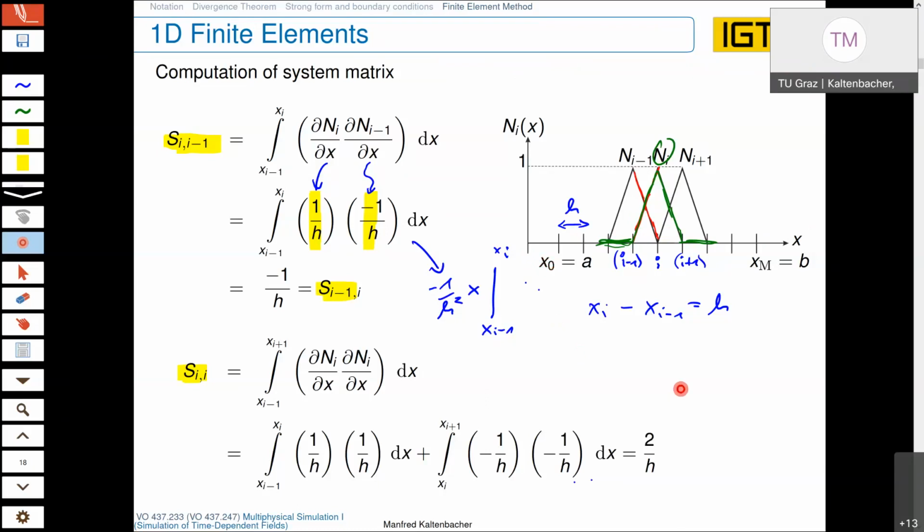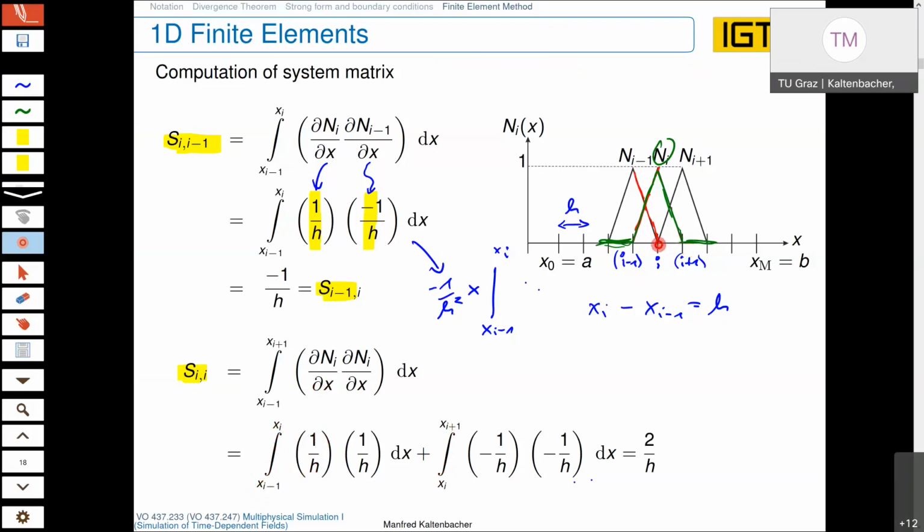So you see, that fits your question also, what we are doing here. What we actually do is we don't integrate from position x_{i-1} to position x_{i+1}, because we would have a problem with the differentiation. But I can subdivide the integral into x_{i-1} to x_i plus x_i to x_{i+1}. And in each part here, we can differentiate, and the differentiation is always 1 over h.